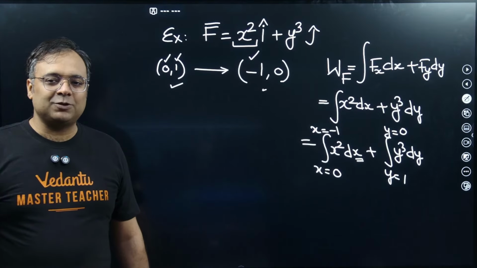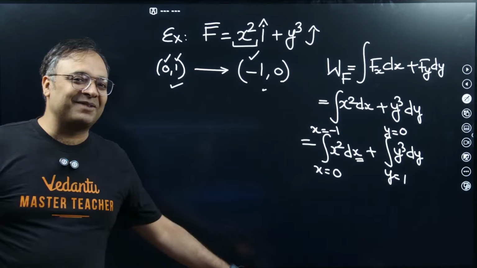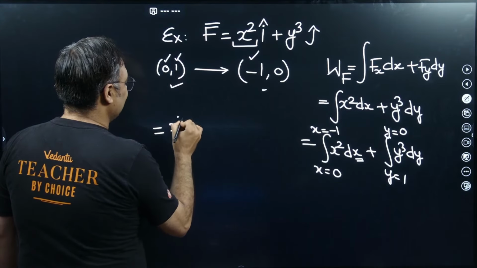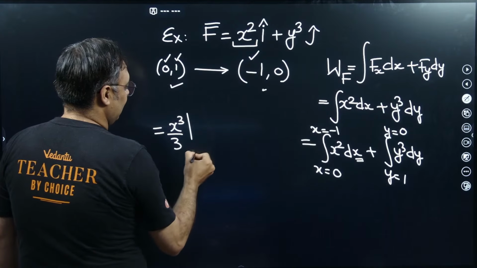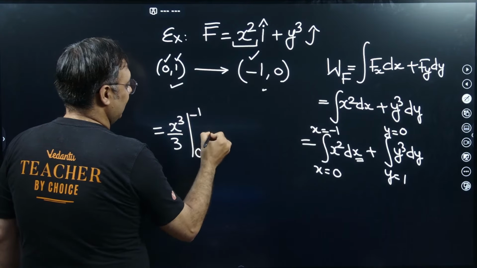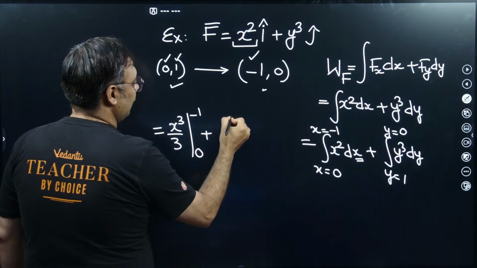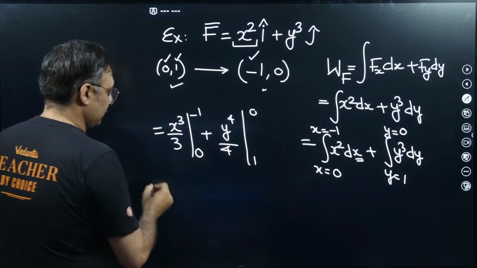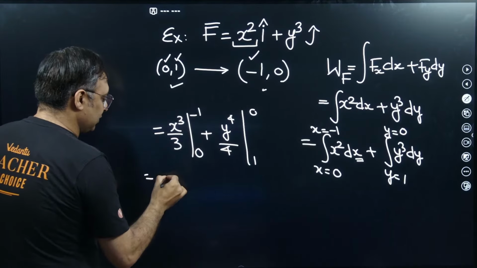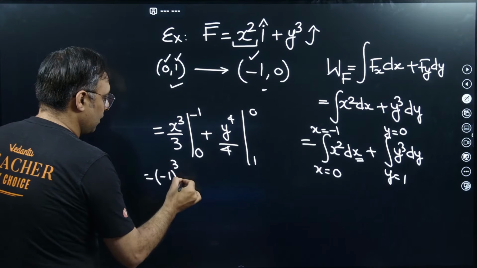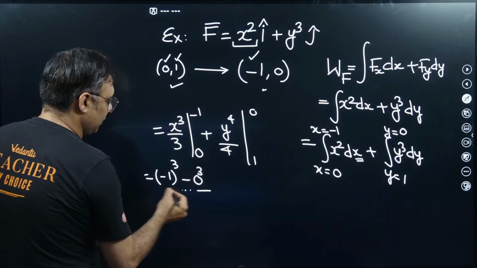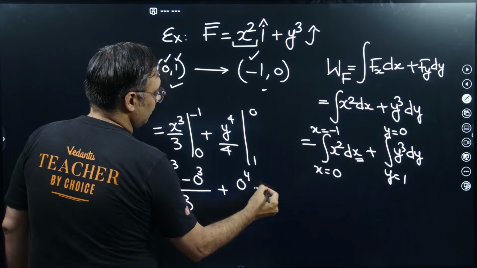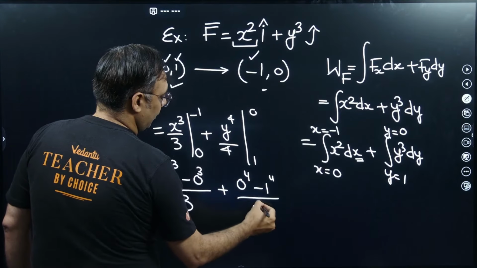Now can I expect you can solve it? Because there is a possibility of making a mistake in this also. Let me solve it for you. It is x cube by 3 from 0 to minus 1, and y to the power 4 by 4 from 1 to 0. First you put minus 1 whole cube minus 0 cube by 3, then 0 to the power 4 minus 1 to the power 4 upon 4.